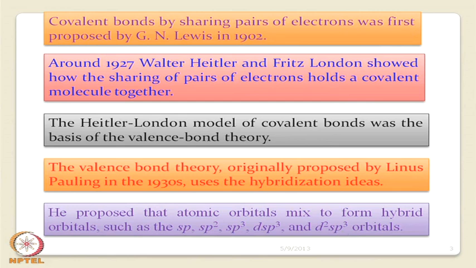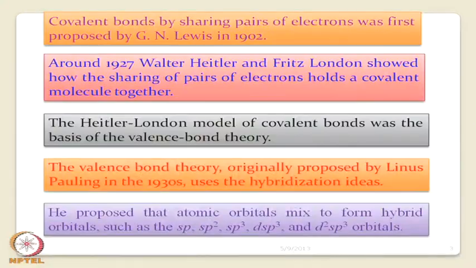Why do we need 6 orbitals? Because these 6 orbitals are required for the octahedral stereochemistry. So, if the stereochemistry is controlled for the formation of an octahedral compound, we must have 6 hybridized orbitals which are coming from 2 d, 1 s and 3 p orbitals.